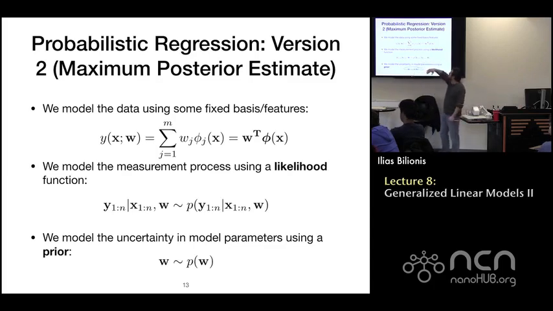So let's see what we have so far. We have a model of the physics, or a physical process. We have a model of the measurement process, which we call likelihood. And then we are basically saying something about all the parameters of our model.